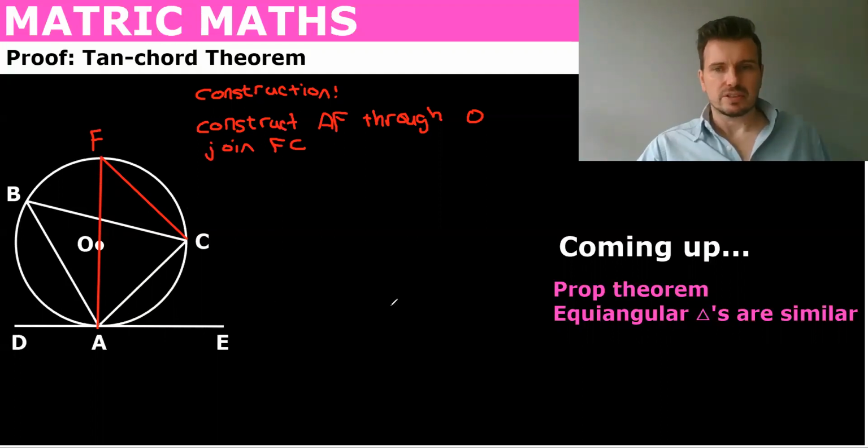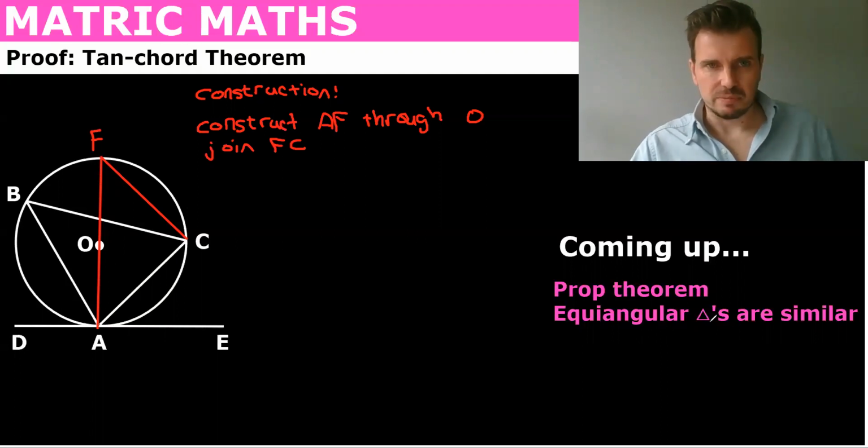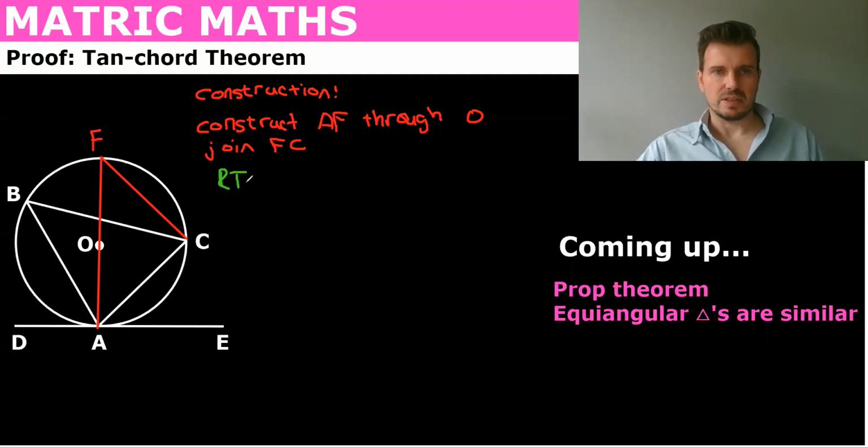Okay, so now let's start with our proof. So what do we need to prove? What is the RTP, required to prove?